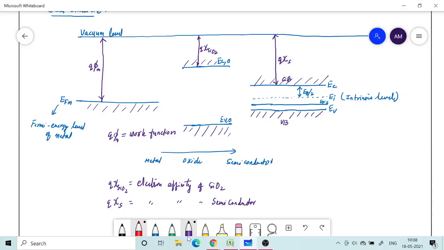If it is a p-type material, it will create some additional levels in the forbidden gap, because we are adding certain impurities, and therefore electrons from the valence band can go to those impurity levels very easily, because they will be very near the top of the valence band, which I denoted as EV.